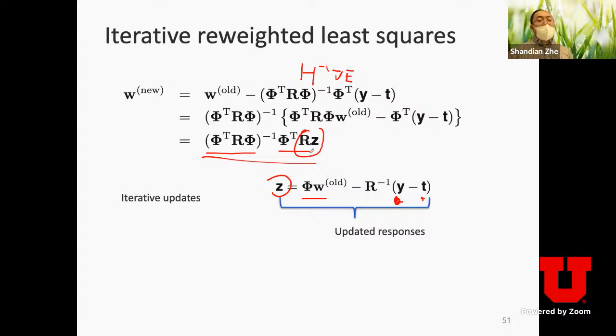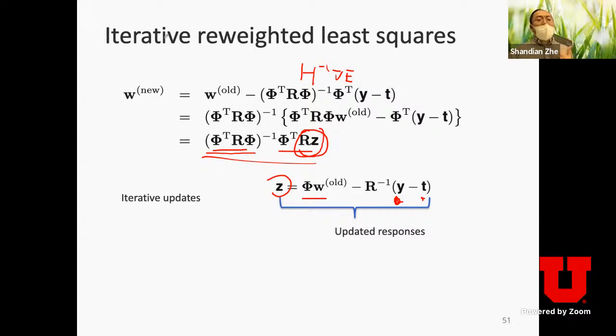At each update, you will treat Z as a special type of response for the linear regression, and you will treat this guy as a kind of adjusted design matrix for the linear regression. So each step is actually a one-step update for the corresponding linear regression problem.